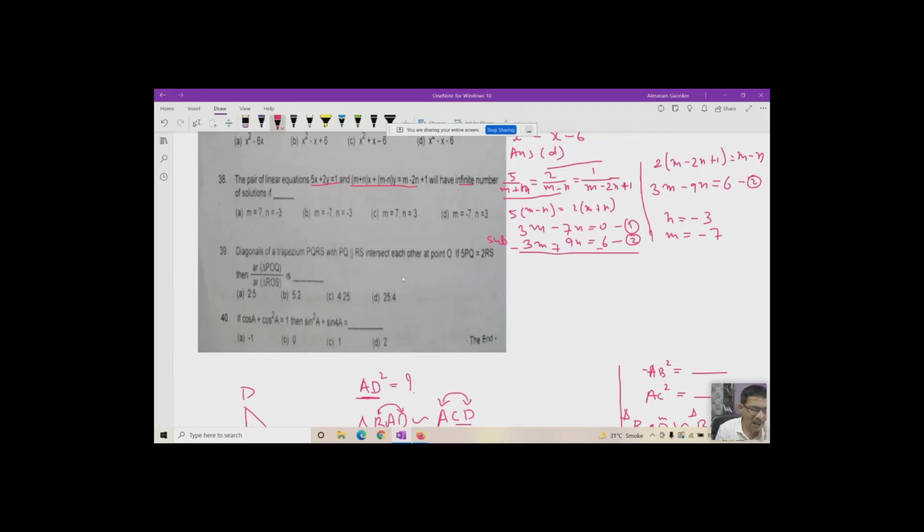And 39 is a trapezium given. Trapezium is like this, PQRS.